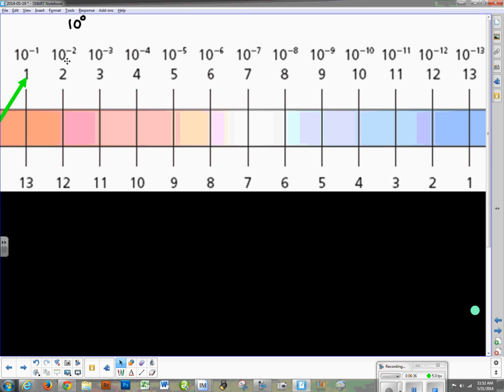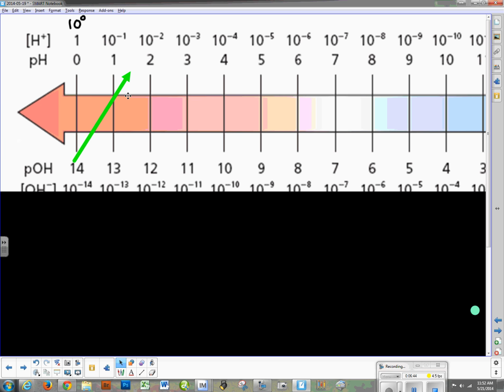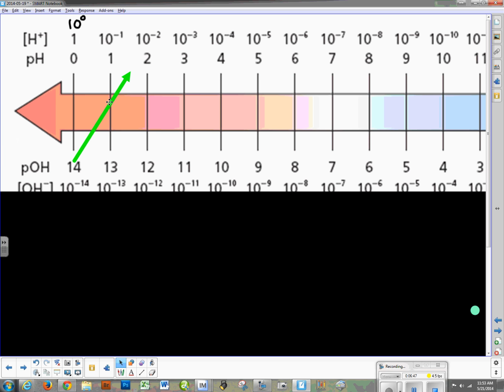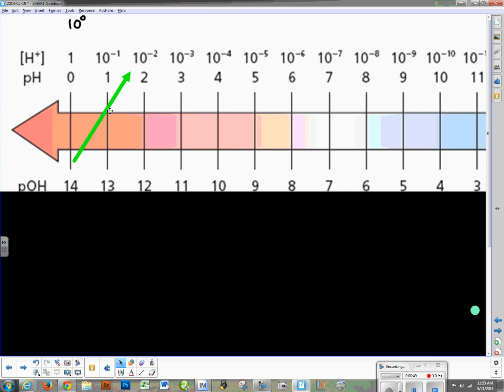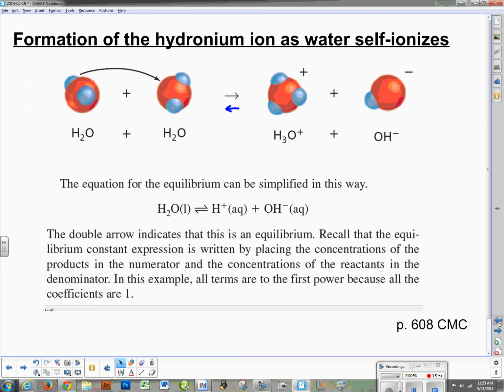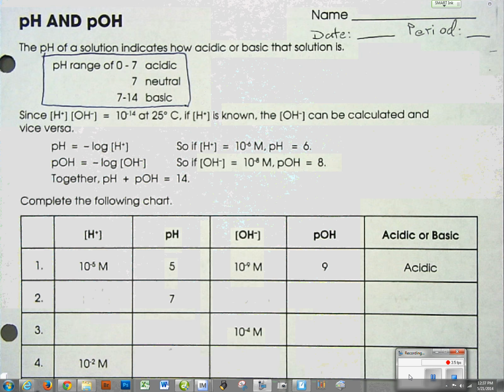The further we get from the center, the stronger the solutions are for hydrogen or hydroxide. And this little guy belongs right here. So this 10 to the minus 0 is actually 1. That's just mathematics.